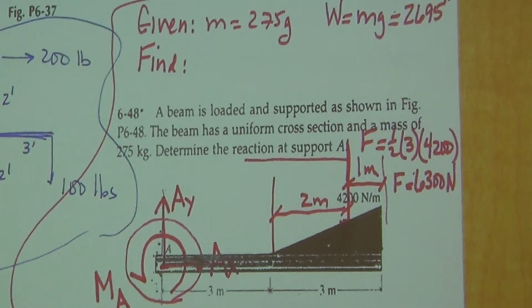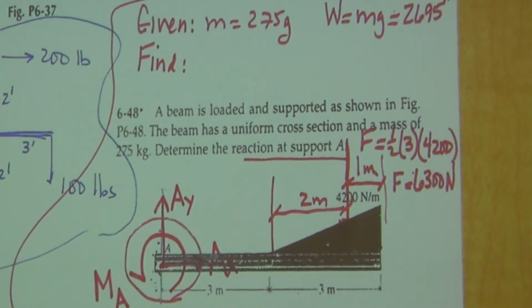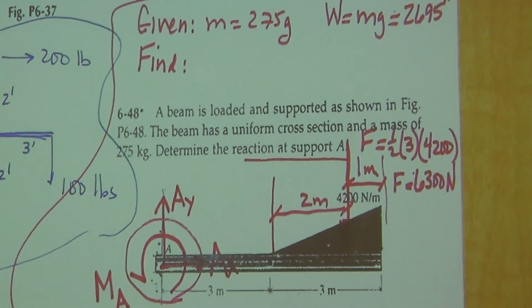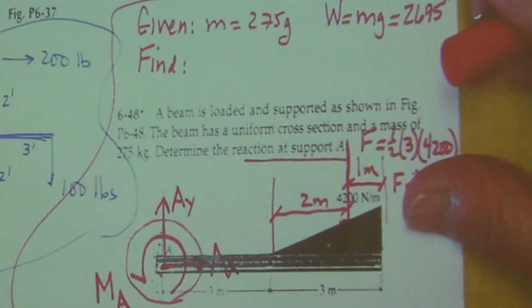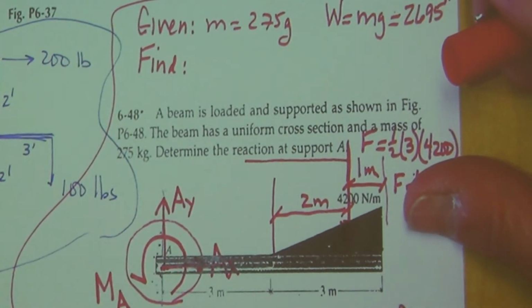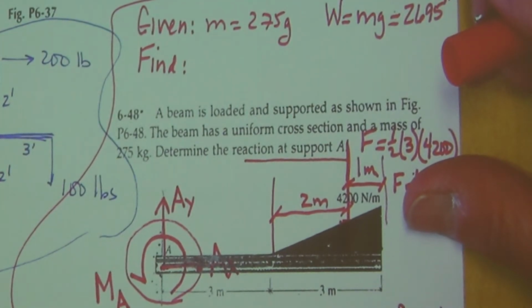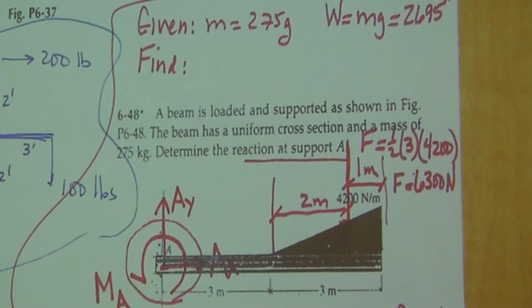No. Remember, on distributed loads you always have omega, and it's always the force per length. So if you had 4,200 newtons and 3 meters, it's 4,200 newtons per meter.